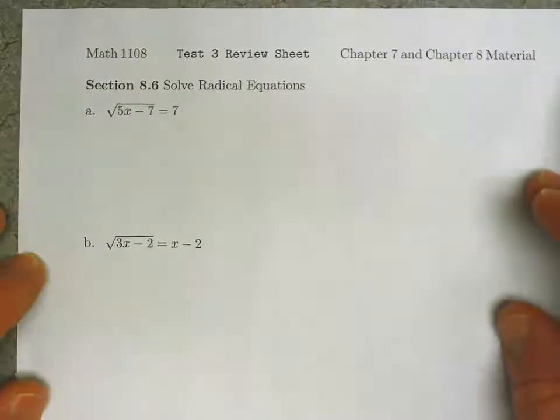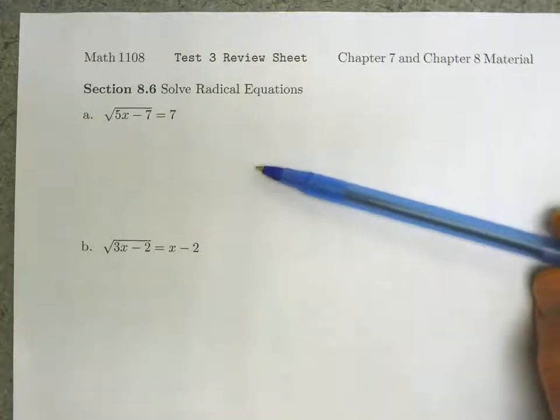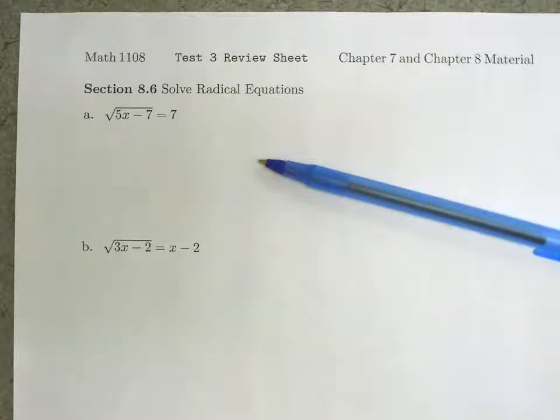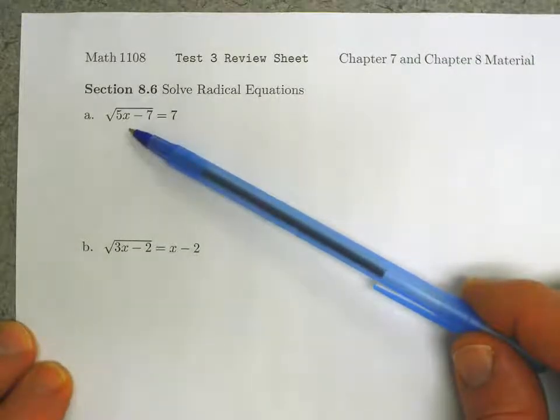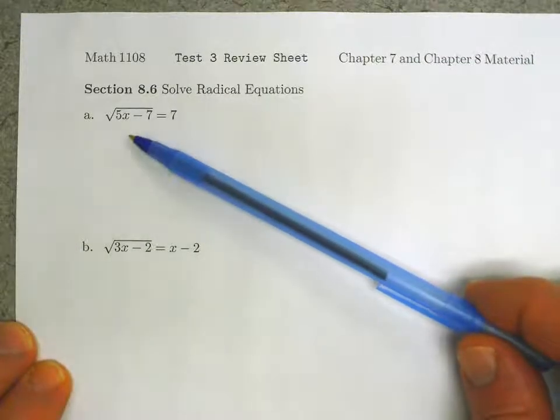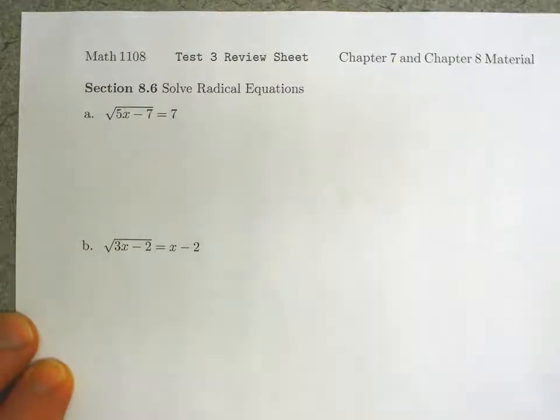Okay, solve radical equations. We want to solve this equation, the square root of 5x minus 7 equals 7. The variable that we want to solve for is inside of a square root. So that means we want to square both sides.